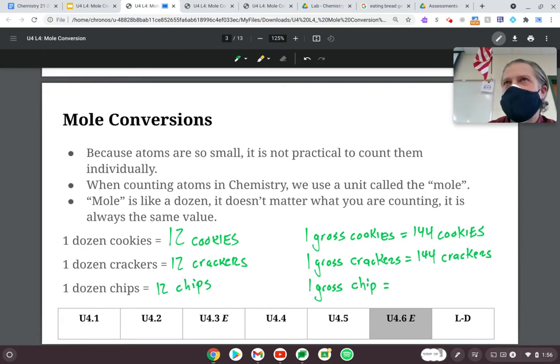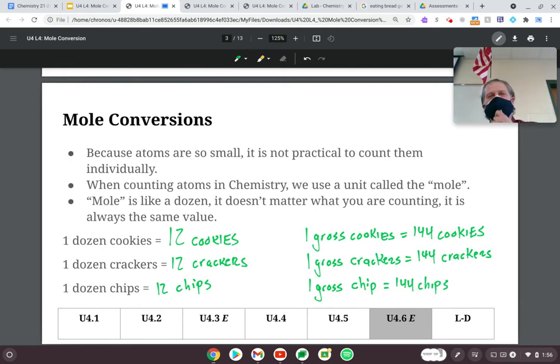But we would have 144 chips, which is closer to an actual serving of chips, because 12 is not a real serving of chips. Yeah, Oreo is a bold-faced liar when they say you should have 2 Oreos in one serving. They're lying to you.